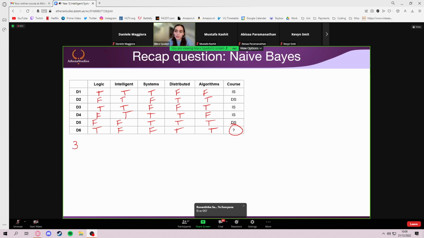So this is step 3. Yes, great. So we want the probability of it being an IS course, given that we have document 6. That's what we want to know. And we also want to know the probability that it is a DS course, given that we're talking about document 6.